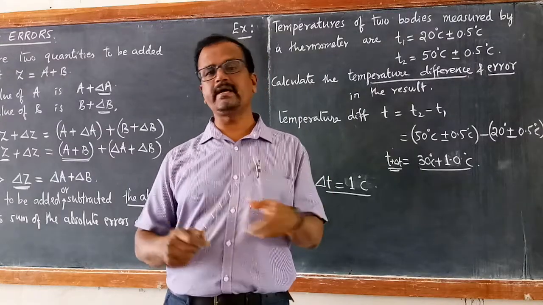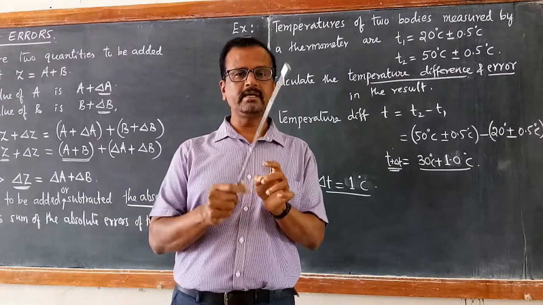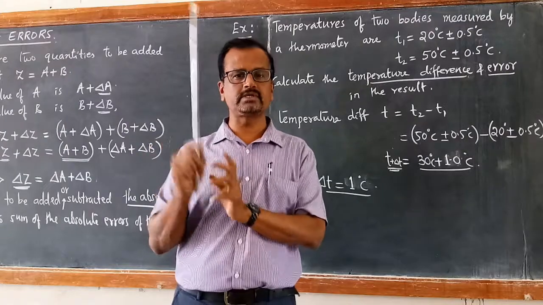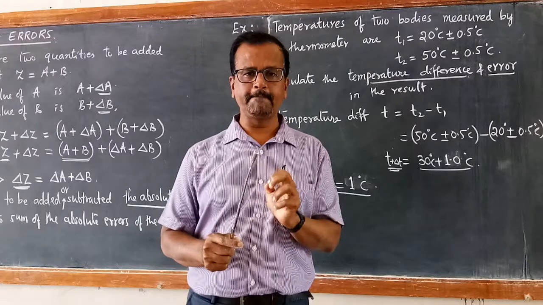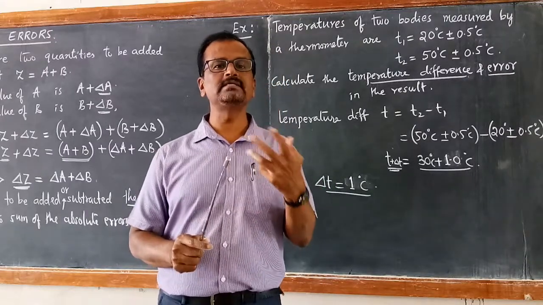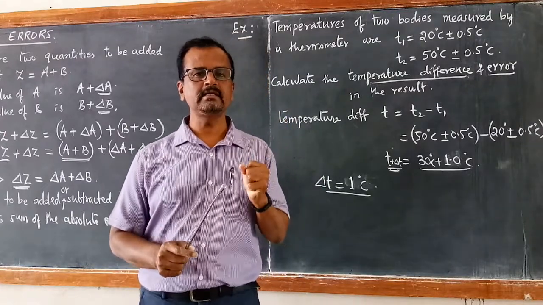In certain situations, like mass by volume, wherein we calculate density by taking the ratio of mass with volume, it is a quotient. So whenever two physical quantities are to be multiplied or divided, what is the rule to get the total combination of error? Let us see that second one.